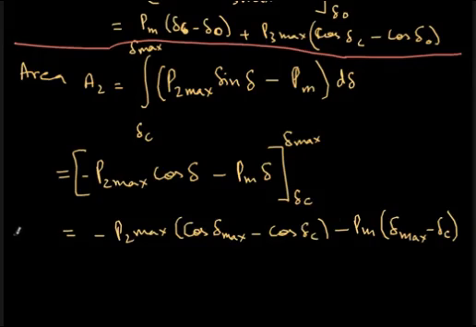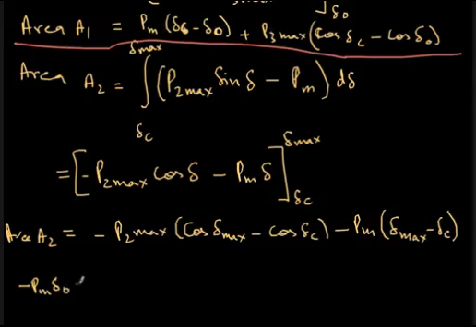So this is area A2 and this is area A1, and these two are equal. When I equalize them, I can cancel out some terms. For example, Pm into delta C is here, and here also Pm into delta C is there. So these two terms will cancel out. And then I'll write down the other terms. So Pm into minus delta naught. So this term I have written.